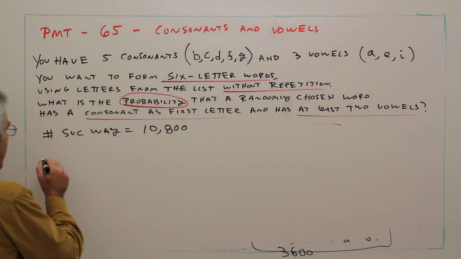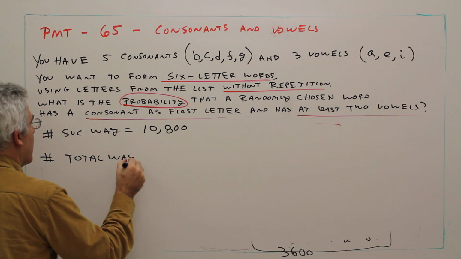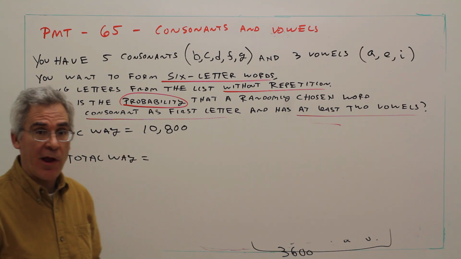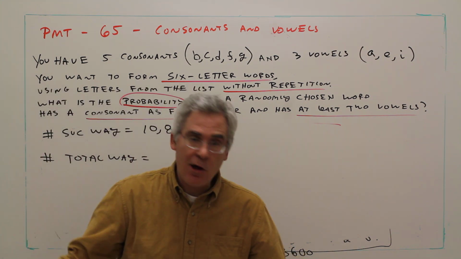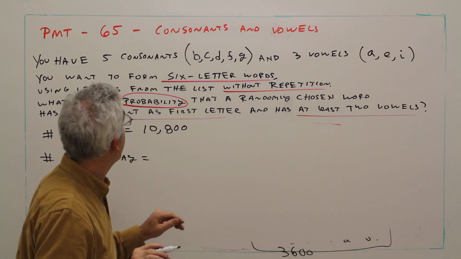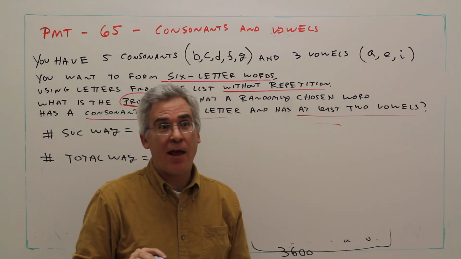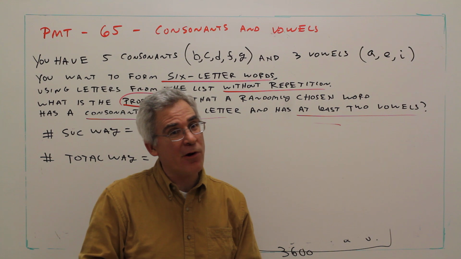Now I got to find the number of total ways. The number of total ways of just arranging all the letters, not worrying about anything. Let's see how many letters I have. I've got 8 letters, and I want to form 6-letter words.